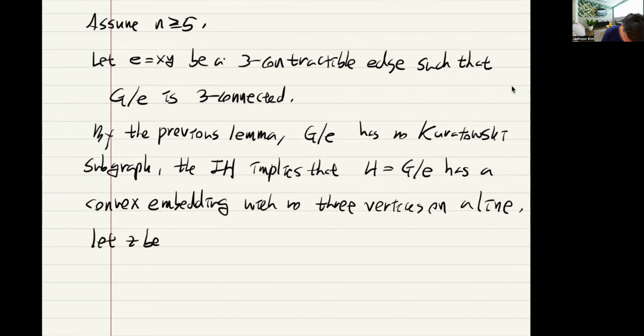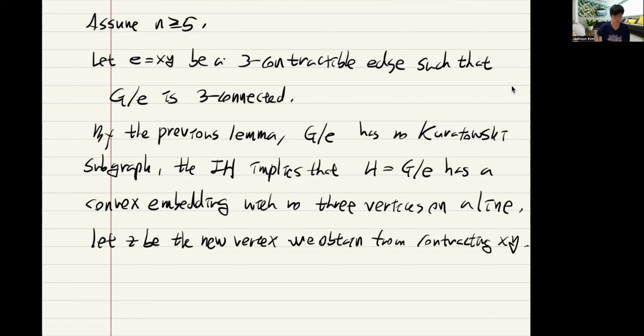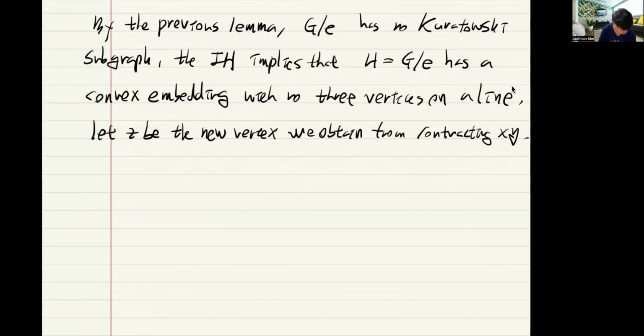And let g be the new vertex we obtain from contracting xy. So now that gives us a convex embedding of H.